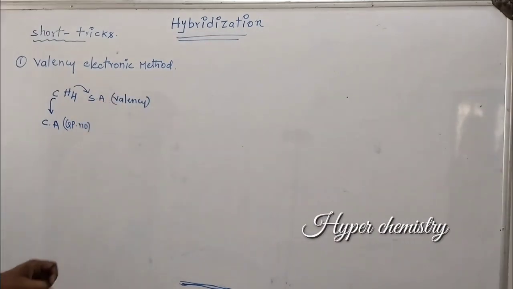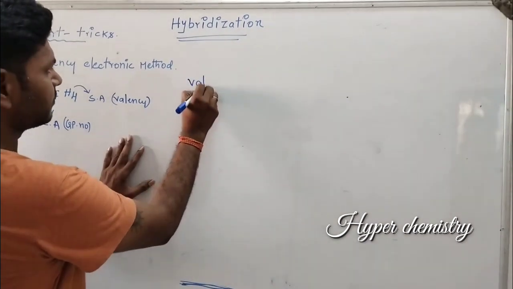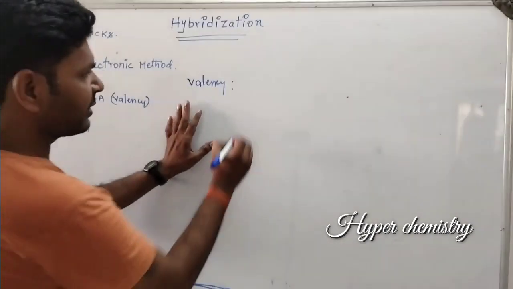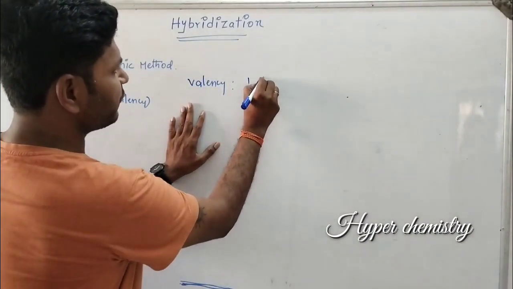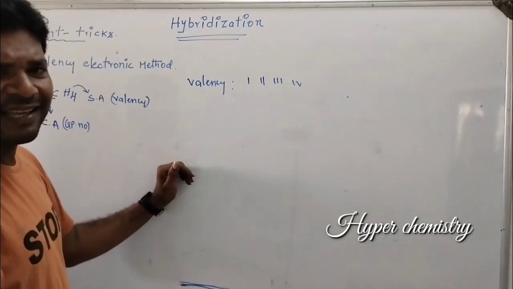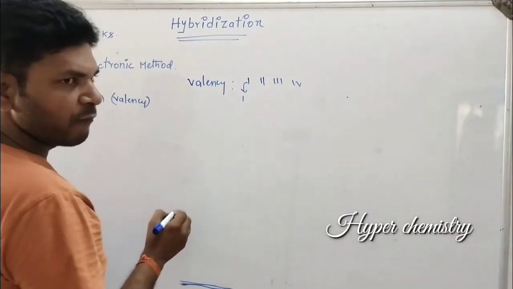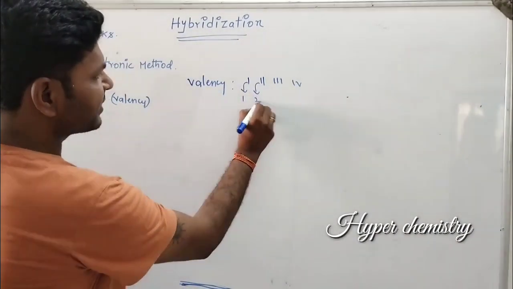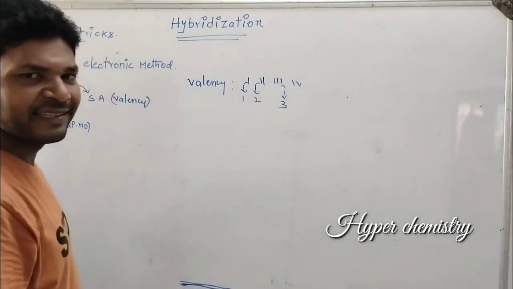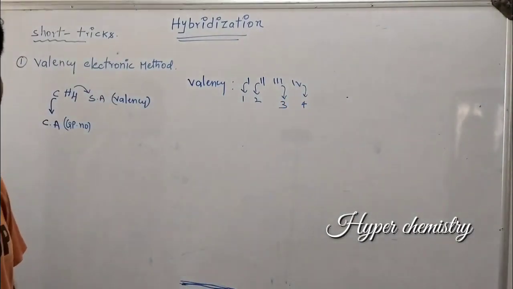Atom's valency. For first group to fourth group, the valencies for surrounding atoms are always equal to its group number. For first group valency 1, second group valency 2, third group valency 3, fourth group valency 4.